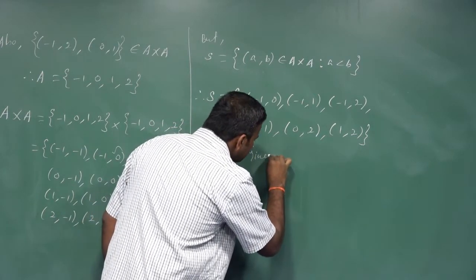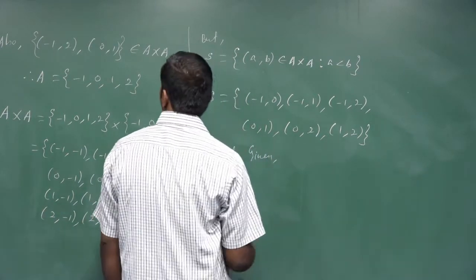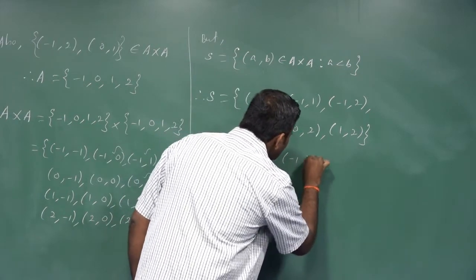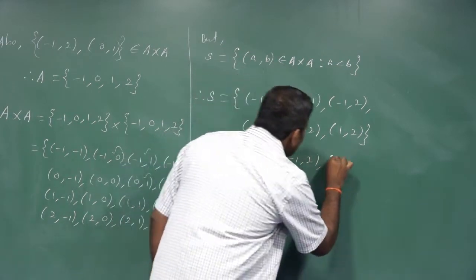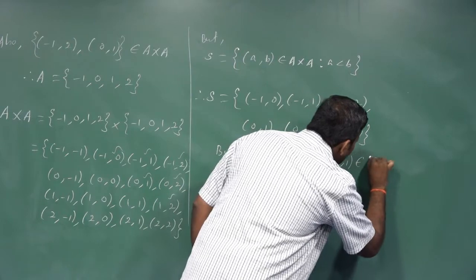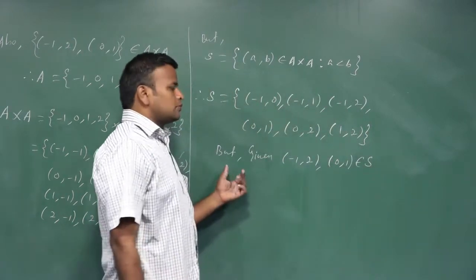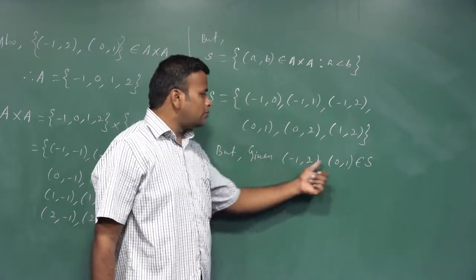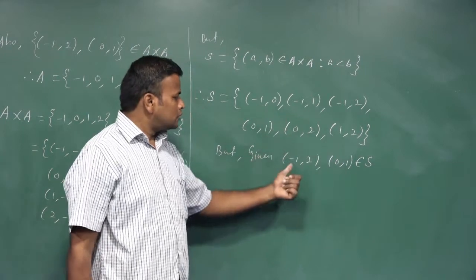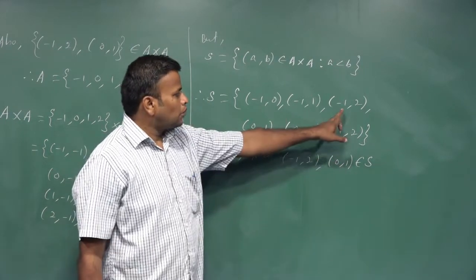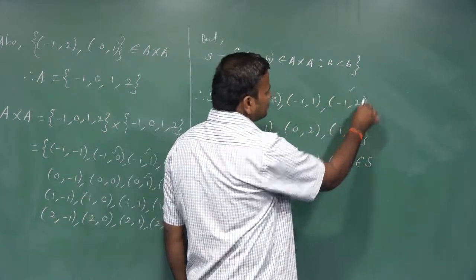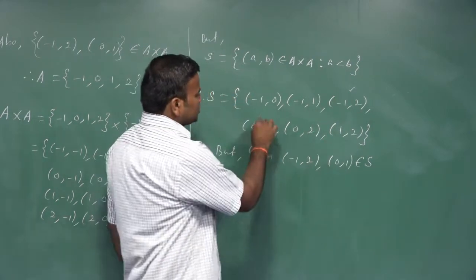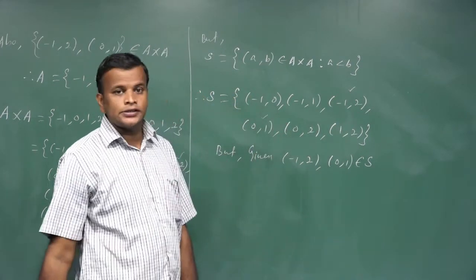But it is given that the two ordered pairs (-1, 2) and (0, 1) belong to S. These two ordered pairs already belong to S. Now we check these two elements lie here: (-1, 2), (0, 1) is already less.